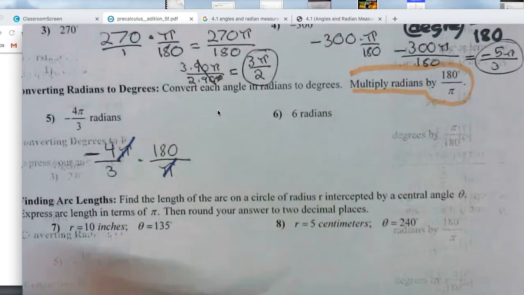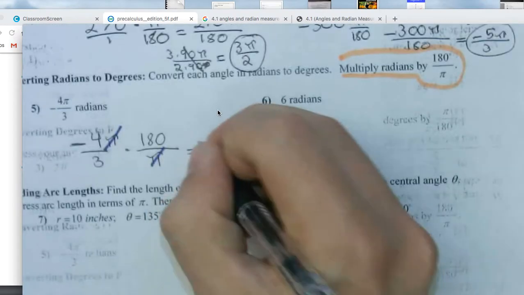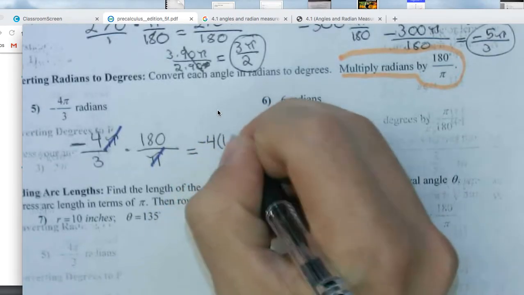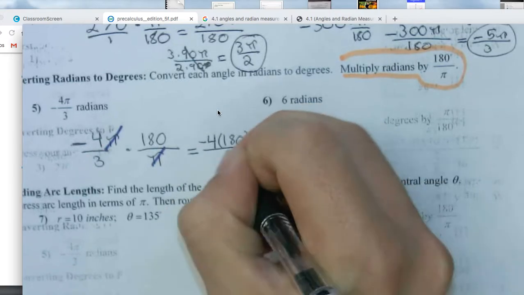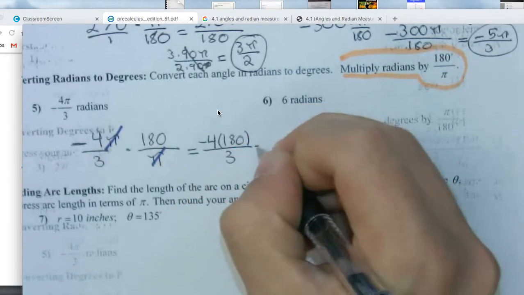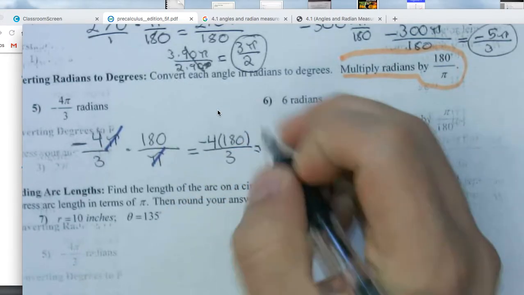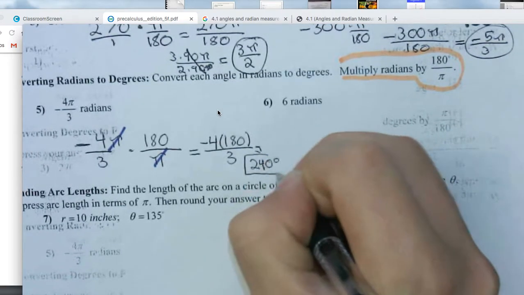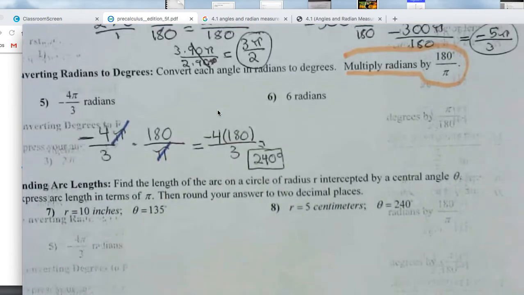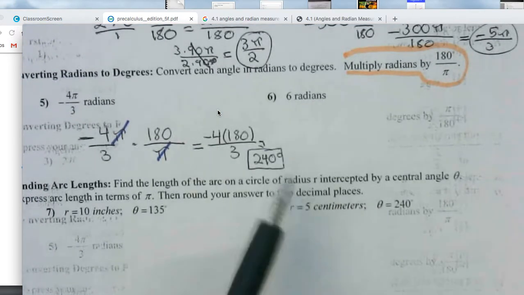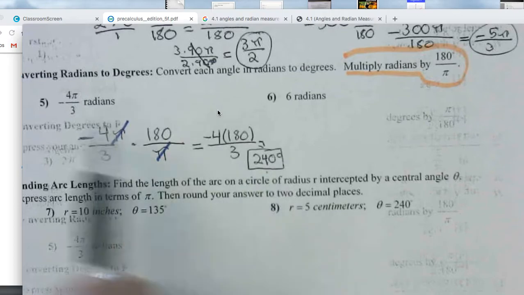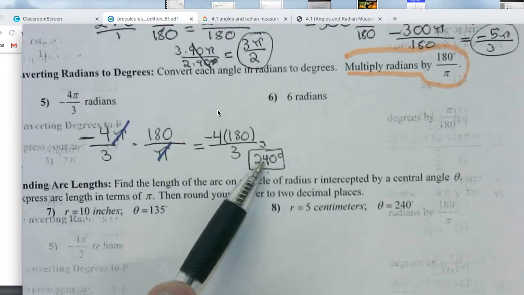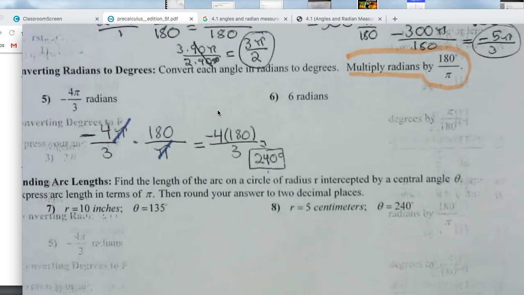And then we have negative 4 multiplying with 180, all of this dividing by 3. This is eventually going to get us negative 240 degrees. You can use your calculator to convert this, but notice that we started with radians and we now go back to degrees, just like this.